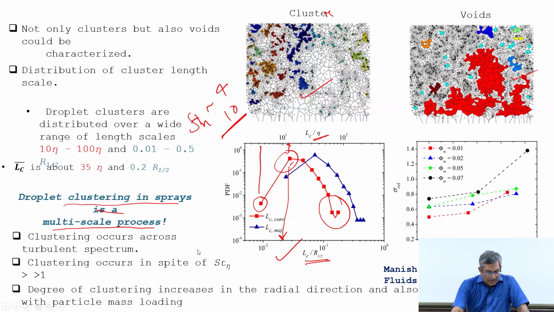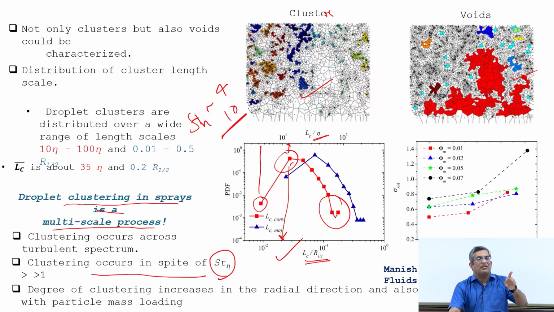And another interesting effect what we see here is that, as I just explained, clustering occurs even if the Stokes number is much greater than 1. It can happen because particles cluster at some scale larger than the Kolmogorov scale, where their Stokes number is nearly equal to 1. You can interpret it this way.